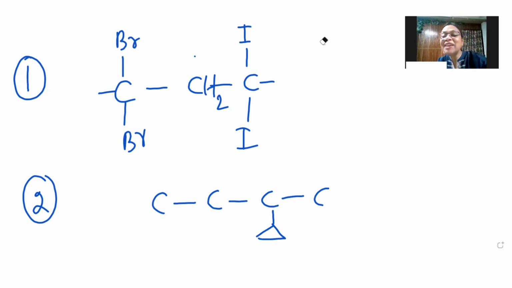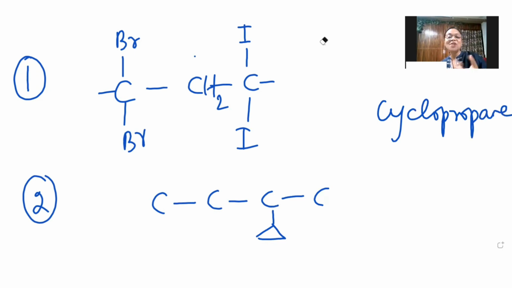A triangle means it's a cyclopropane. I would discuss cyclics, aromatics, double bonds, triple bonds in my forthcoming videos, but I would like to leave you with this compound. Try and name these compounds. All right, so take this as homework and we will discuss the names of these compounds in my next video.